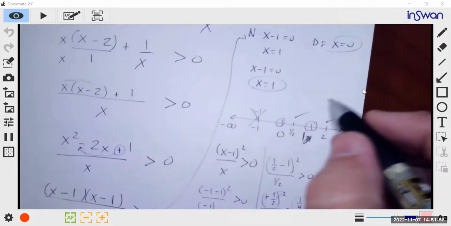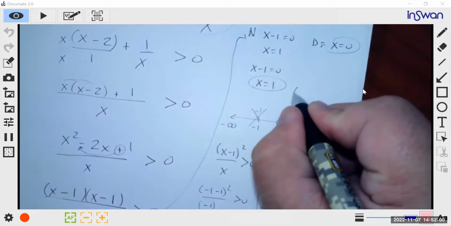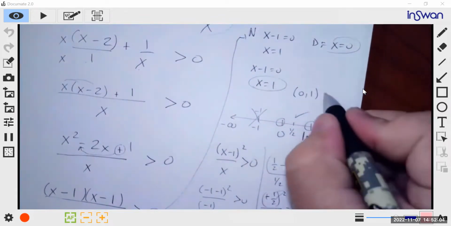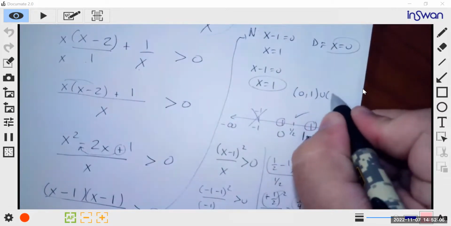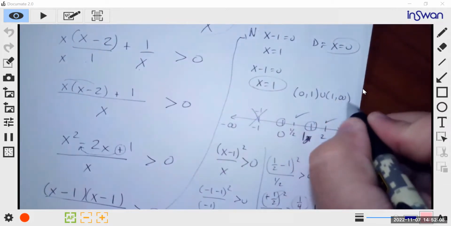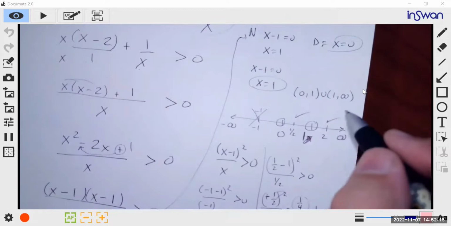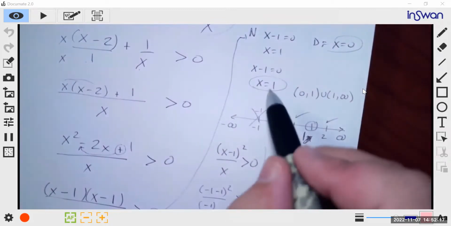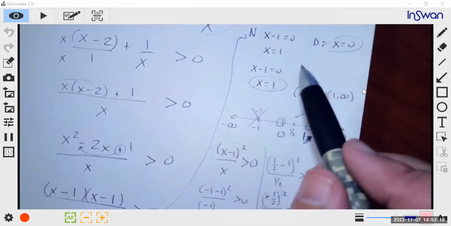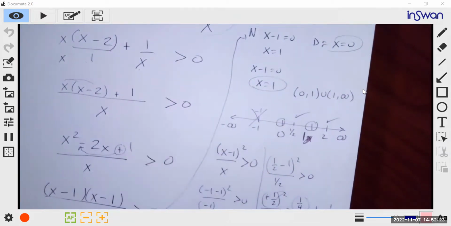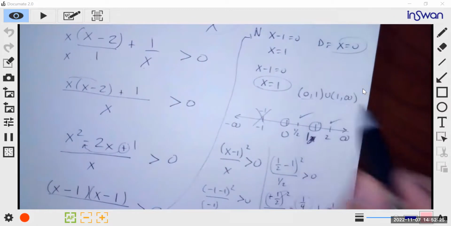So our solution is from 0 to 1, and then from 1 to infinity. Why can't it equal 1? Because if it equals 1, the top is equal to 0, and it can't equal 0. It's not equal to. So because of that, we have to make these 2 steps.